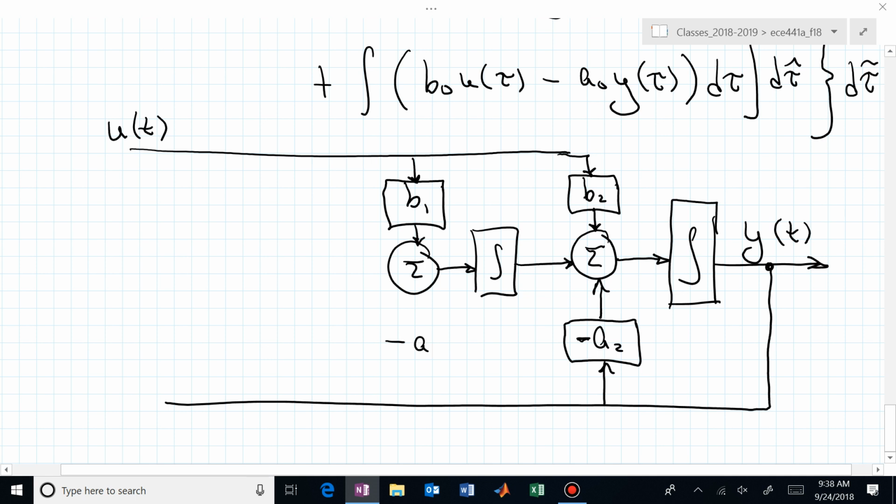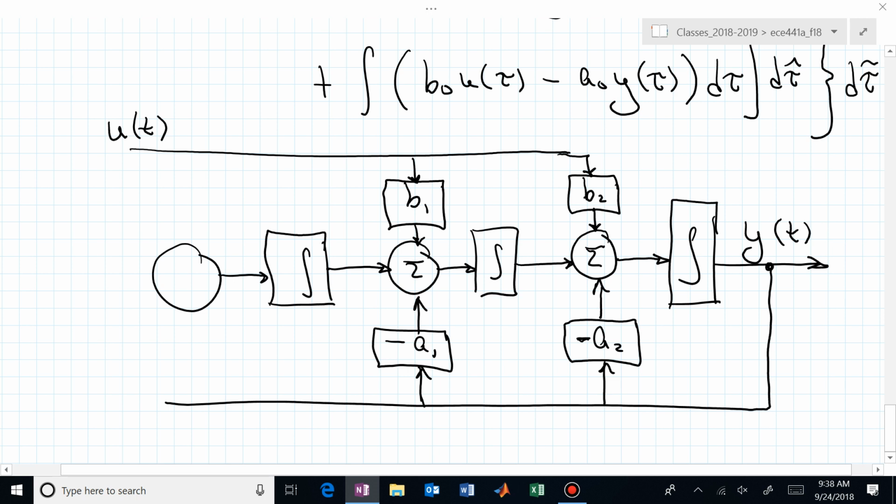It was a minus a1 times y. And one more integral's output, which is the last final integral, which has an input to it as a b sub 0 scaling u and a minus a sub 0 scaling y.